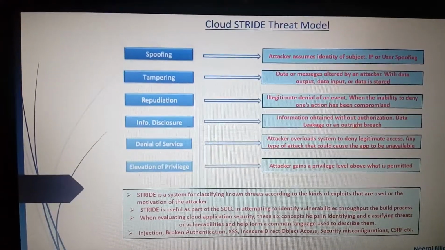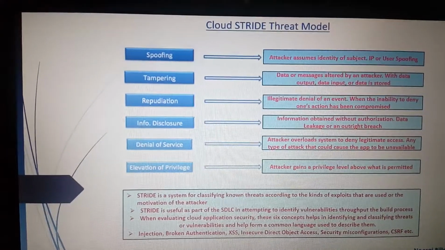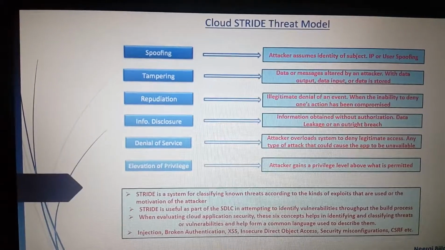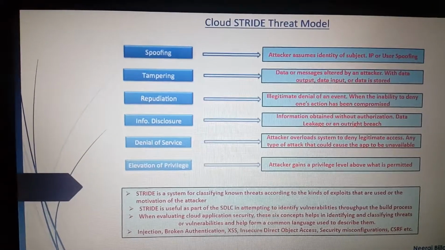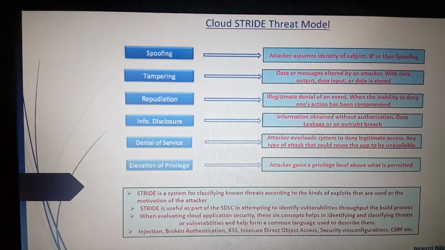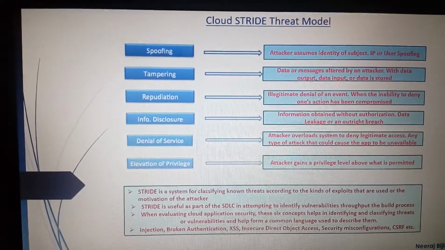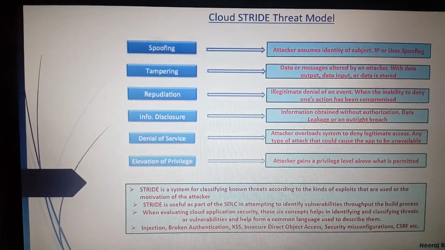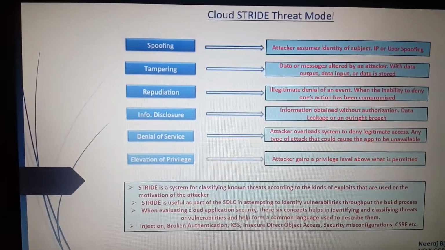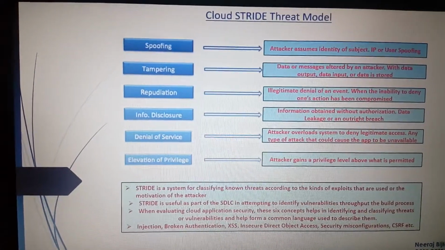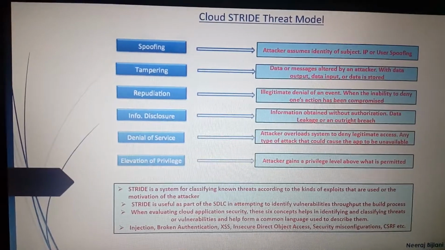So this is all about the identification of known threats in the application. This should be in accordance with the SDLC process to identify vulnerabilities throughout the build process of the applications.